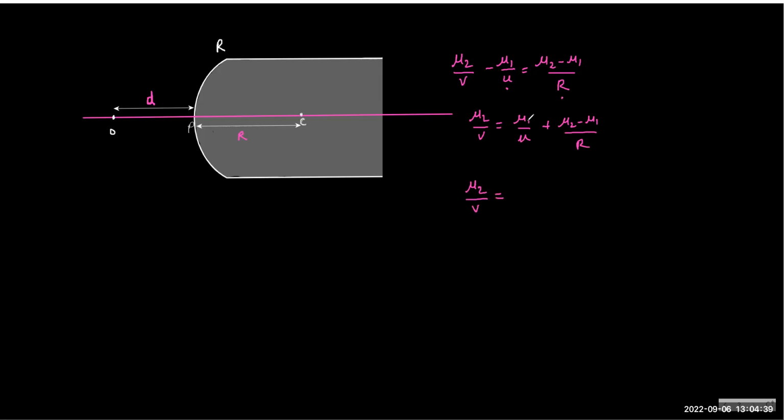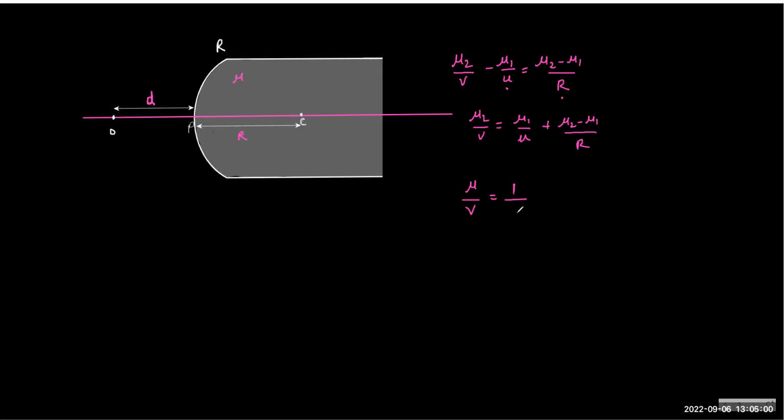So let's substitute the value. Mu2 is, let's call it mu. V, I don't know, so I'll keep it as a variable or symbol. Mu1 is 1.